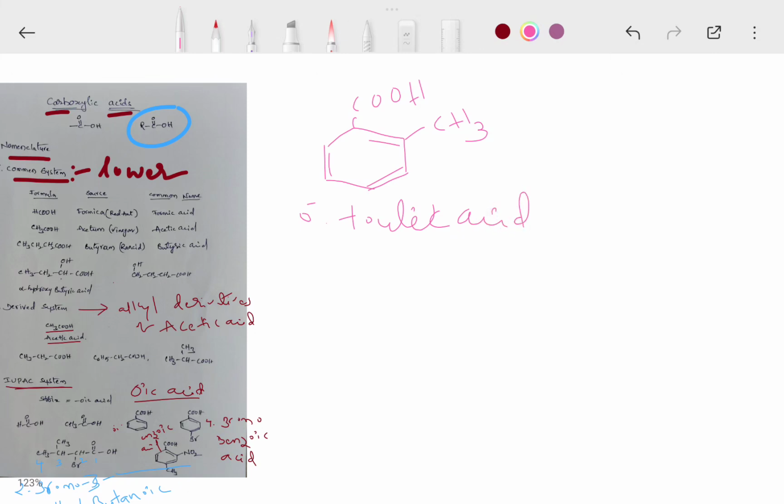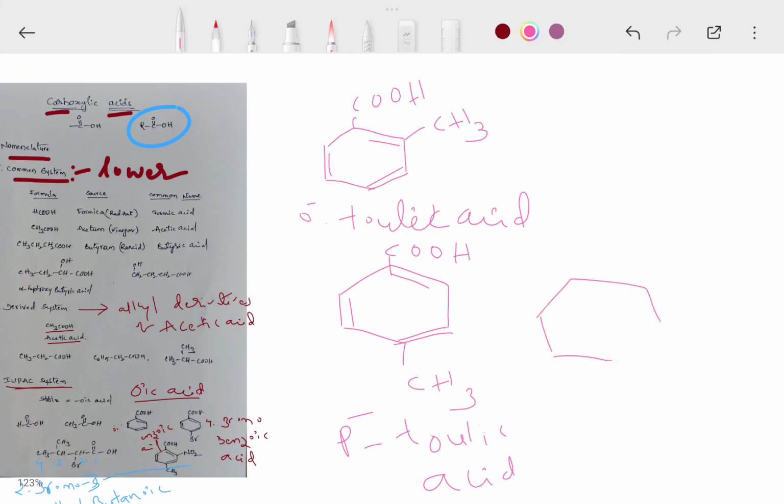This CH3 group at the para position you can call paratoluic acid.